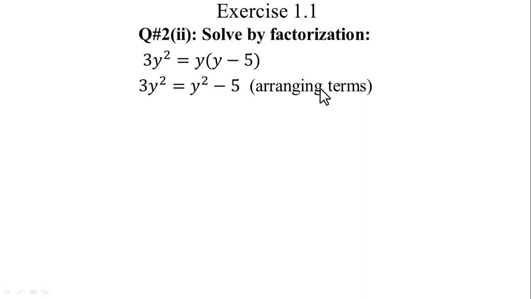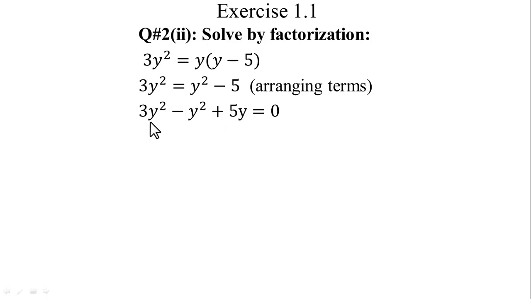Arranging this term, we have 3y square minus y square plus 5y is equal to 0, because y is multiplied by 5, here 5y. So minus 5y moves to the other side as plus 5y.